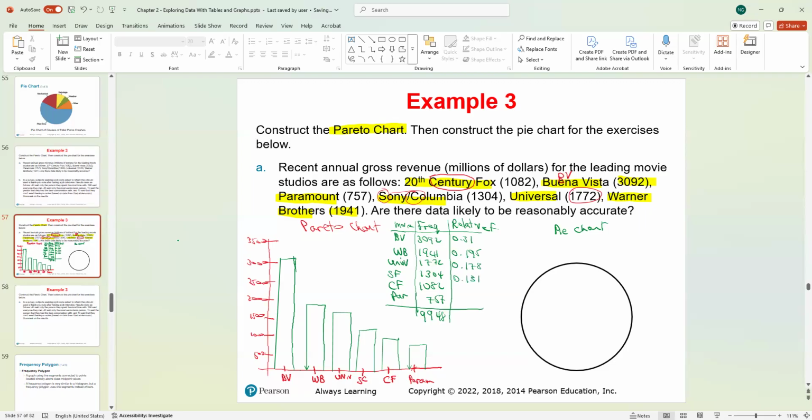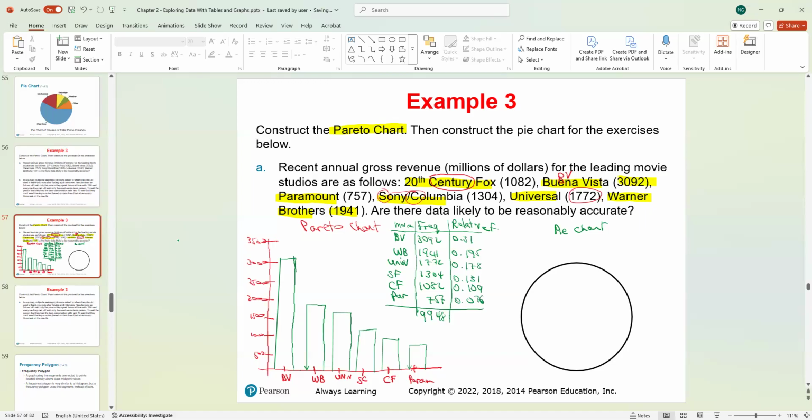Let's go with the next one, 1082 divided by 9948, we're going to have 0.109. Then 757 divided by 9948, we have 0.076.